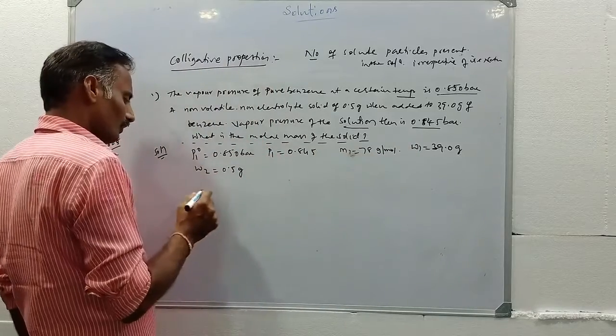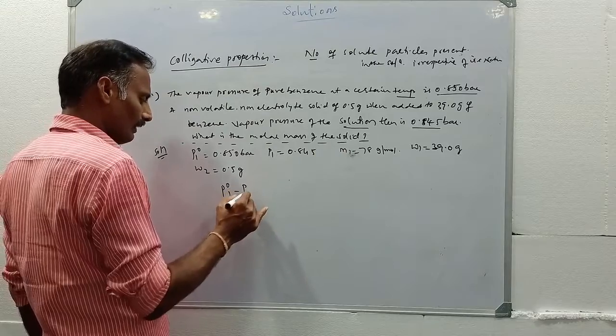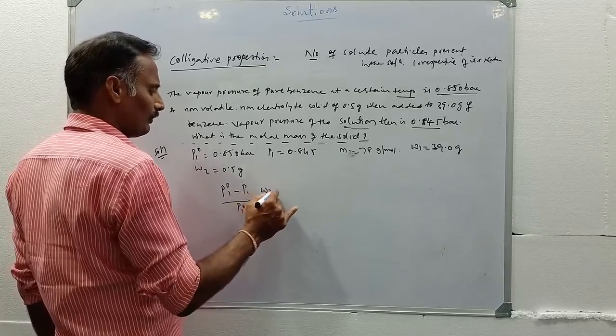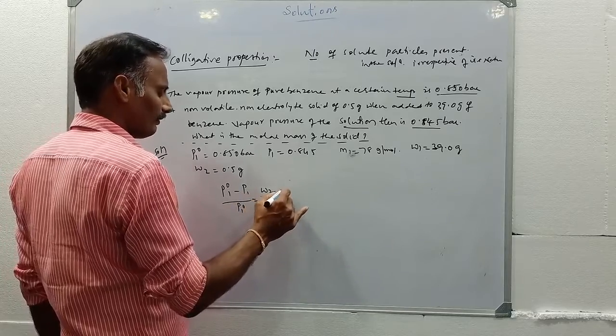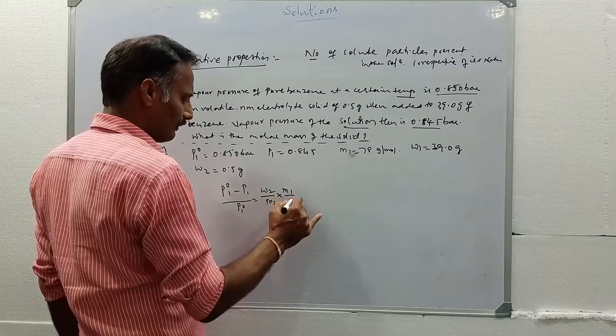Then we know that (P1 naught minus P1) divided by P1 naught is equal to W2 by M2 into M1 by W1.